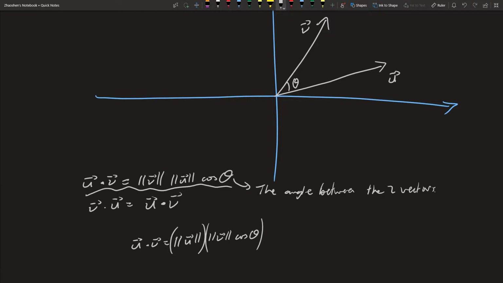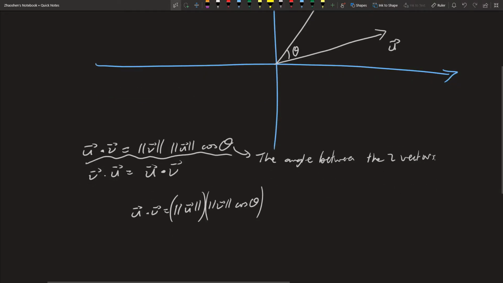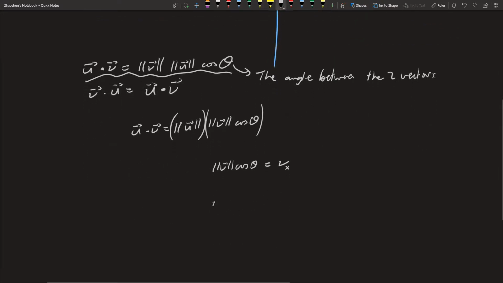So, this is theta, the angle between two vectors. Magnitude of v cosine theta, we recognize this as the x component of the vector, right? Remember before we wrote vector v is equal to v sub x i plus v sub y j, and v sub x is just magnitude of v cosine theta, and then you have i plus magnitude of v sine theta, and then j.